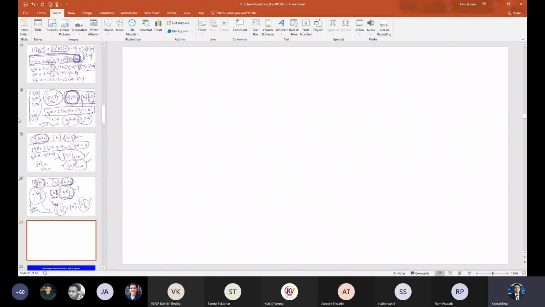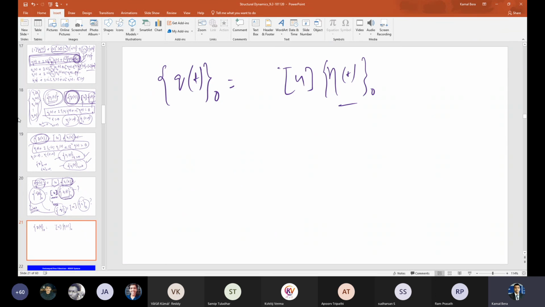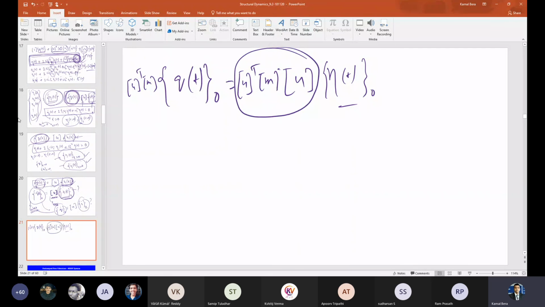So let's say displacement, velocity, same thing, right? So q at t 0 equals u eta at t 0. I want to find out this. Correct? Okay. Pre-multiply by u transpose m. Pre-multiplied by u transpose m. What is this? Identity matrix.